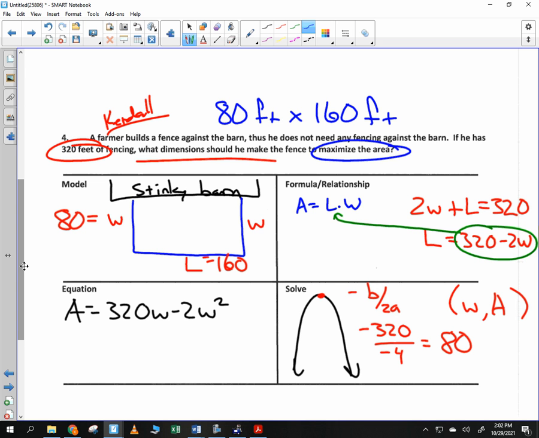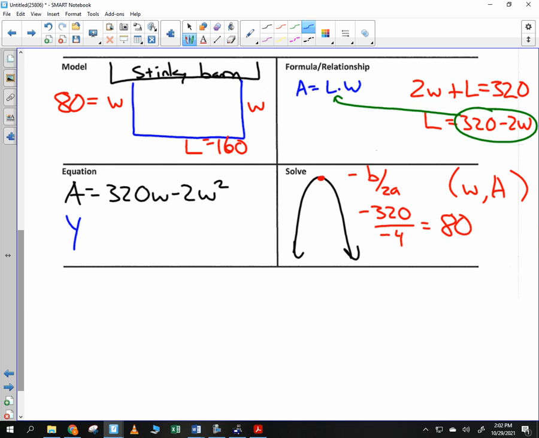How do you know W is there and A is there? You would normally write this as y is equal to 320x minus 2x squared, correct? So the W goes where the x's are, and the A goes where the y is. Okay. We good? All right.